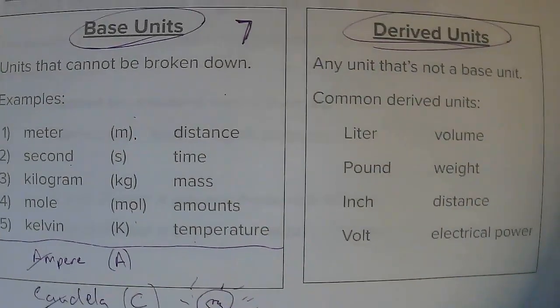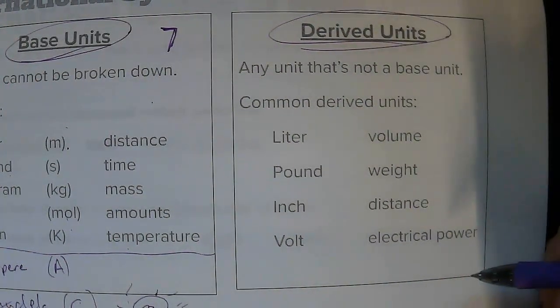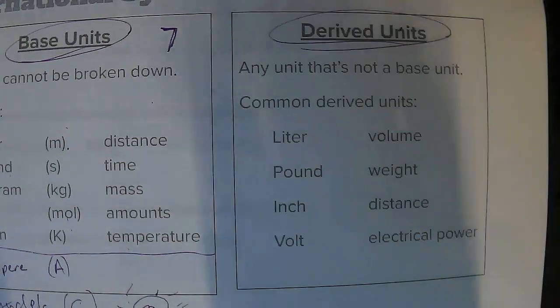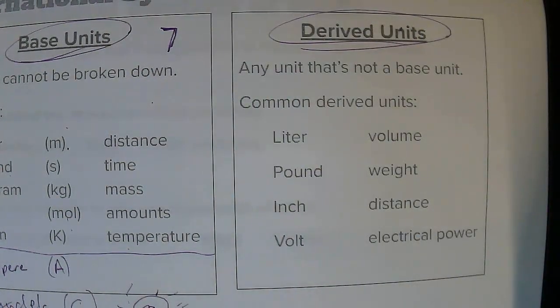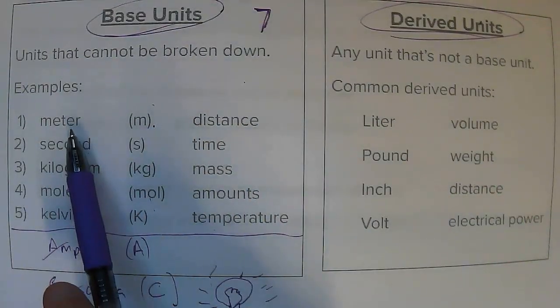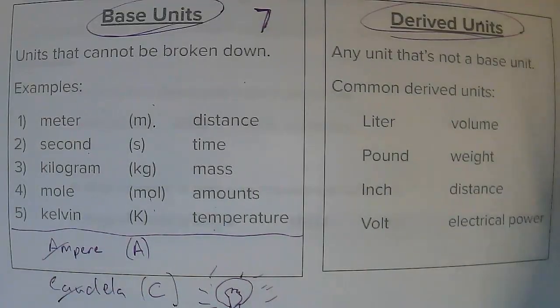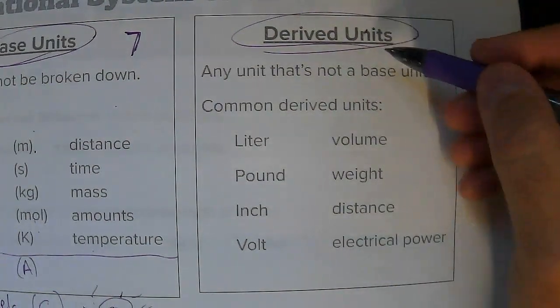Now a derived unit, I put right next to it, because a derived unit is any other unit. If it's not a meter, a second, a kilogram, a mole, a Kelvin, an ampere, or a candela, it is a derived unit.